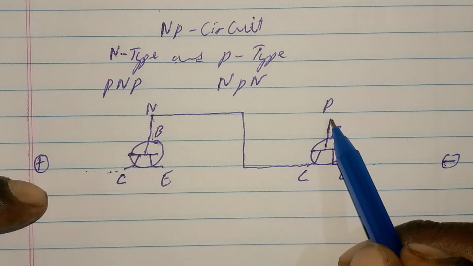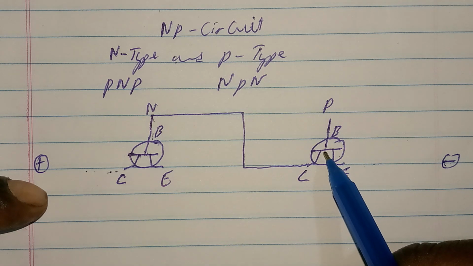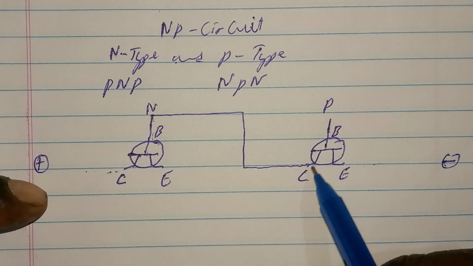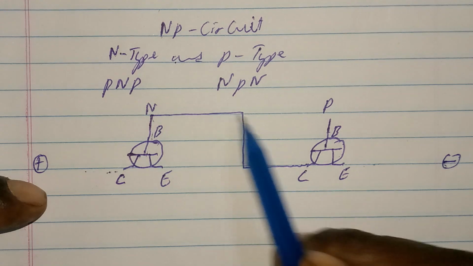But this P-type transistor, the collector emitter junction is actually closed. There is a blockage here.